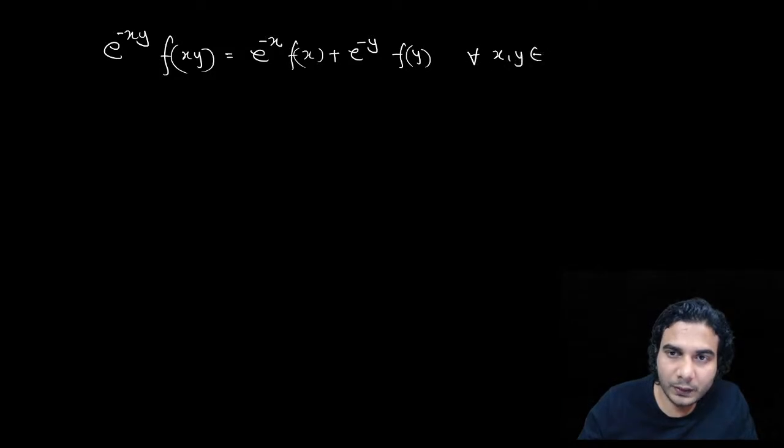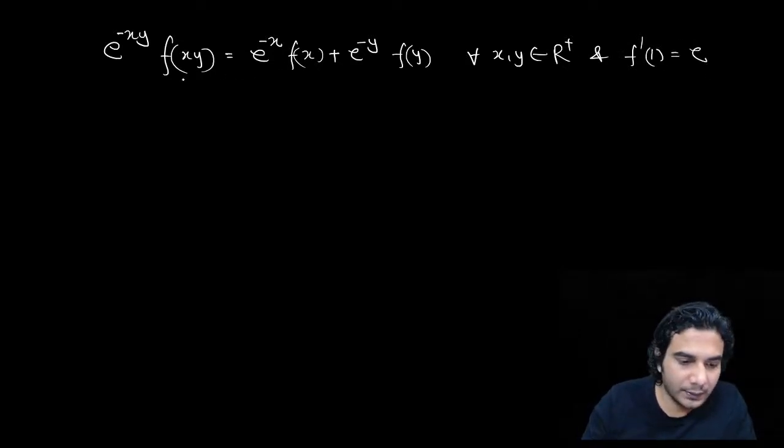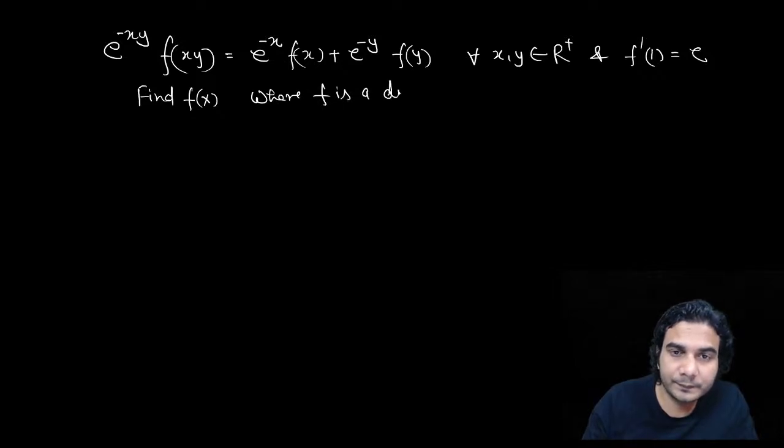If e raised to minus xy, f of xy is equal to e raised to minus x f of x plus e raised to minus y f of y for all x, y belonging to R plus, and f dash 1 is equal to e, then find f of x, where f is a differentiable function for all x.